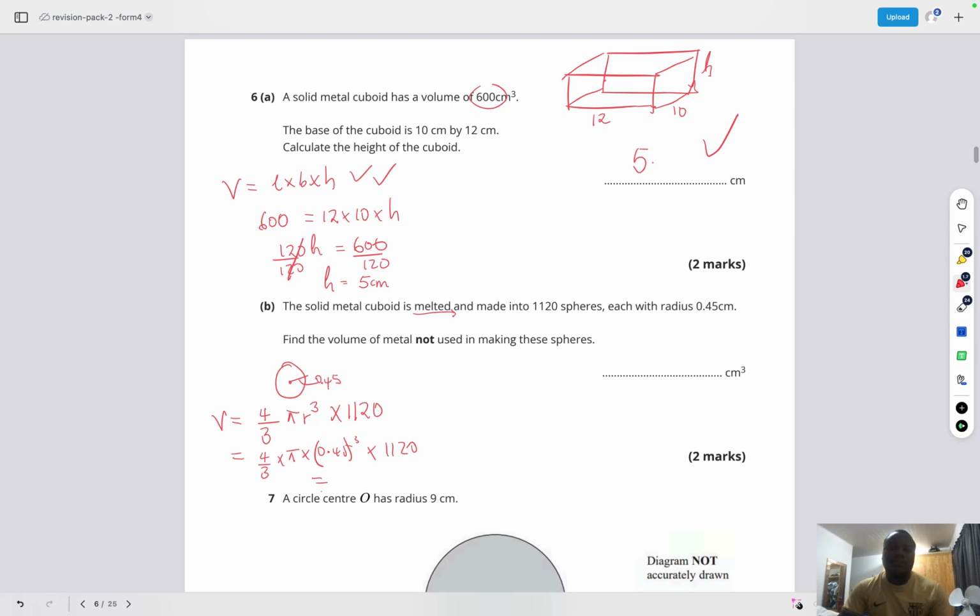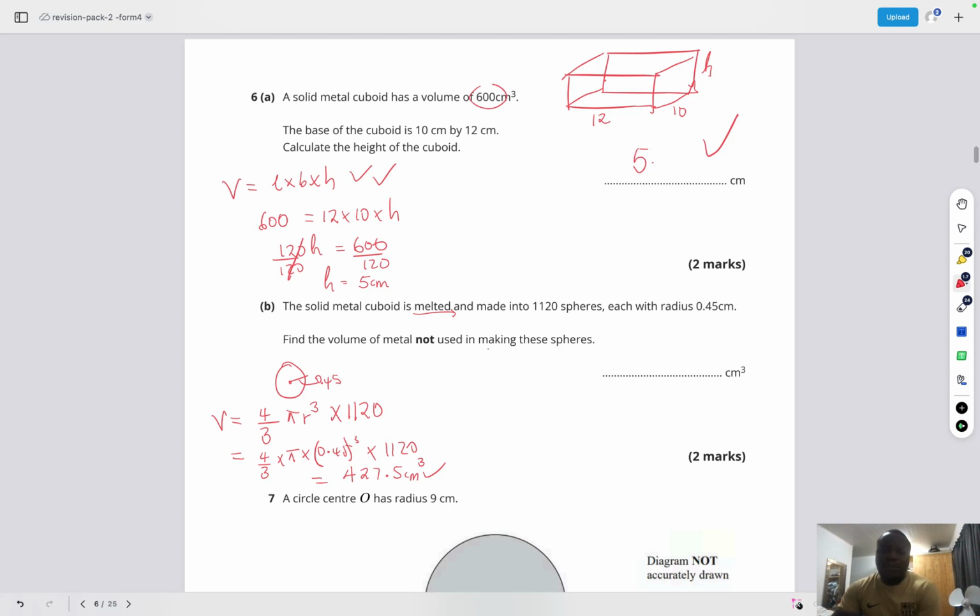If we use our calculator here, we have 4 times 0.45 times pi, and so on.